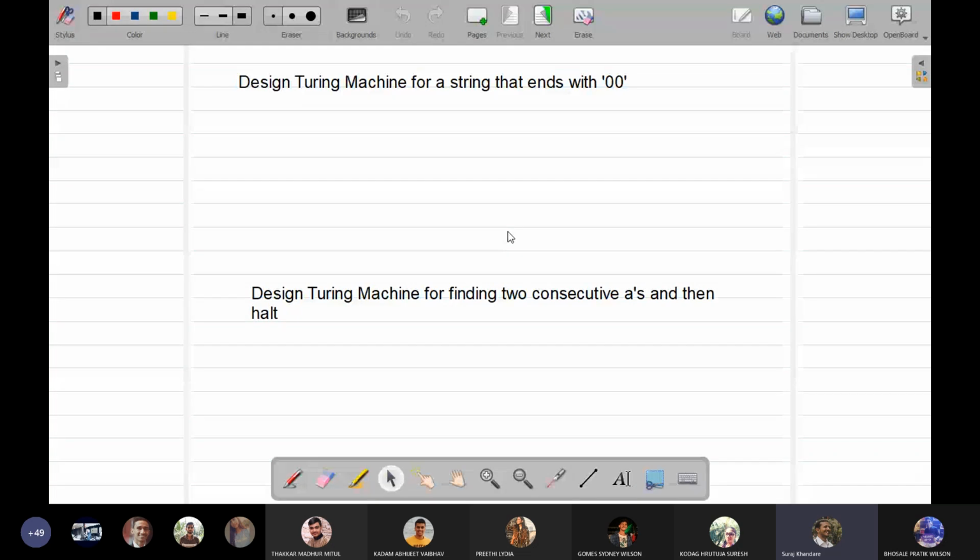So in Turing machines, when we are solving problems, you can draw the transition table first and then the transition diagram, or from the transition diagram we can draw the transition table. That is also possible.